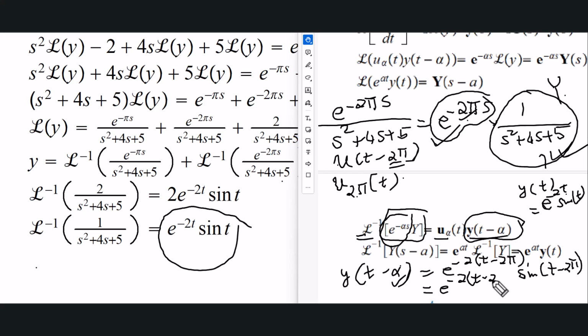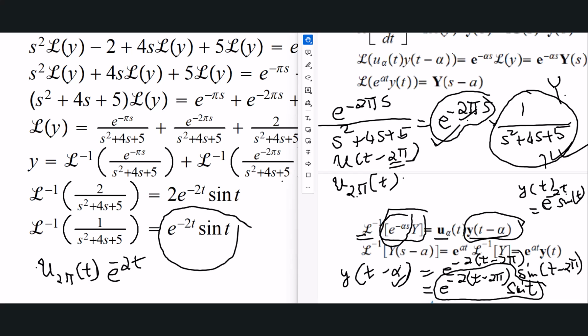T minus 2 pi times sine of t. Okay, so our inverse transform will be, the first factor is this Heaviside function, u sub 2 pi of t, and this second factor is going to be this quantity, e to the negative 2t.